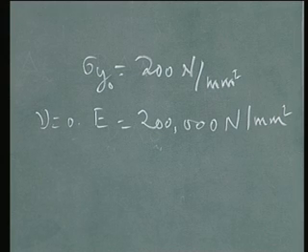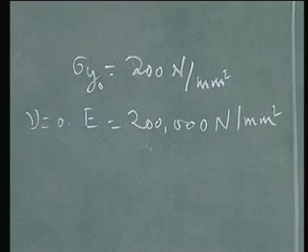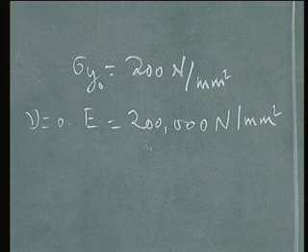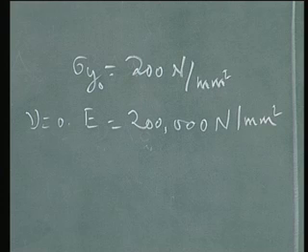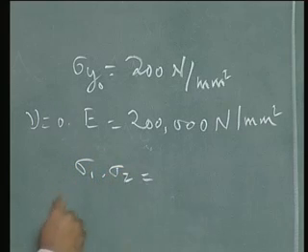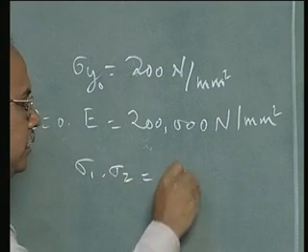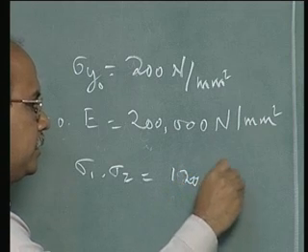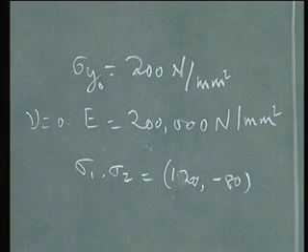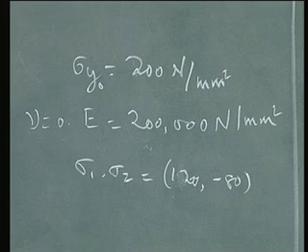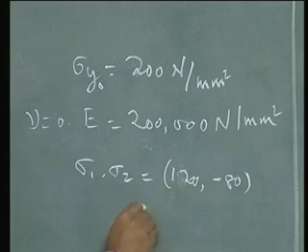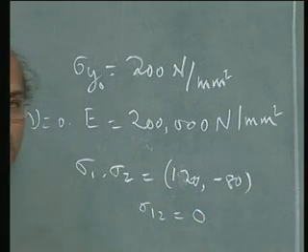We will operate with principal stresses, sigma 1, sigma 2. In other words, the sigma 12 terms are all 0, just for ease of doing the problem, or else it will take a lot of time. So let us say that sigma 1 and sigma 2 are 120 and minus 80 respectively. Since it's principal stress, obviously sigma 12 is equal to 0.